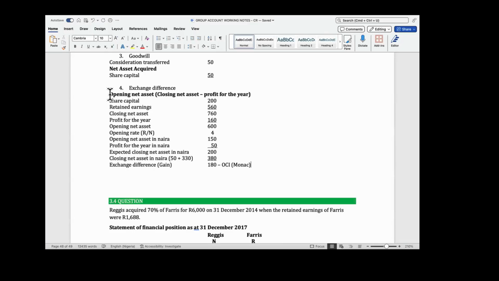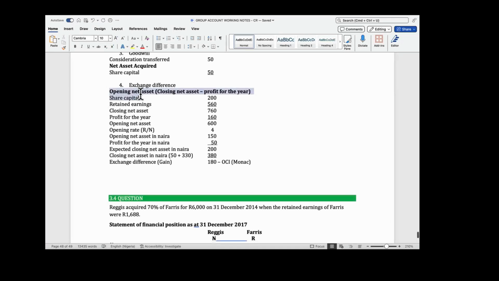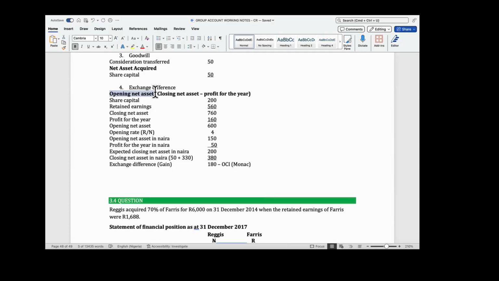So you determine what's the opening net assets? Let's translate it and add profit for the year. Let's look at the expected closing net assets. So I determine opening net assets, and no one will give it to you. So I need to understand the fact that my opening net assets is my closing minus profit for the year. So it's like I'm working back to the beginning of the year.